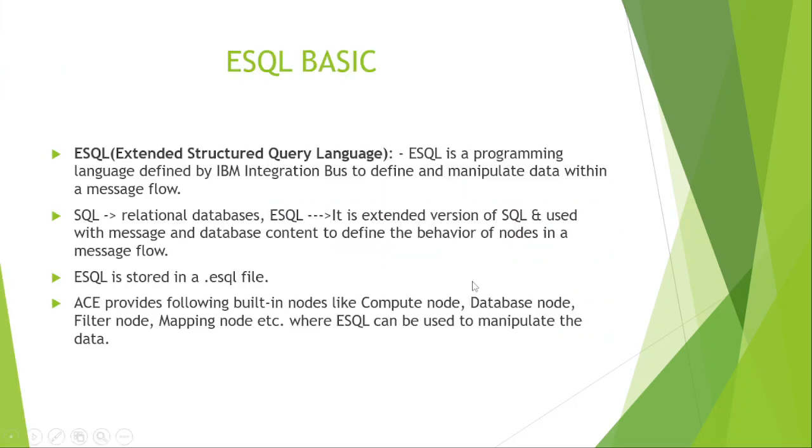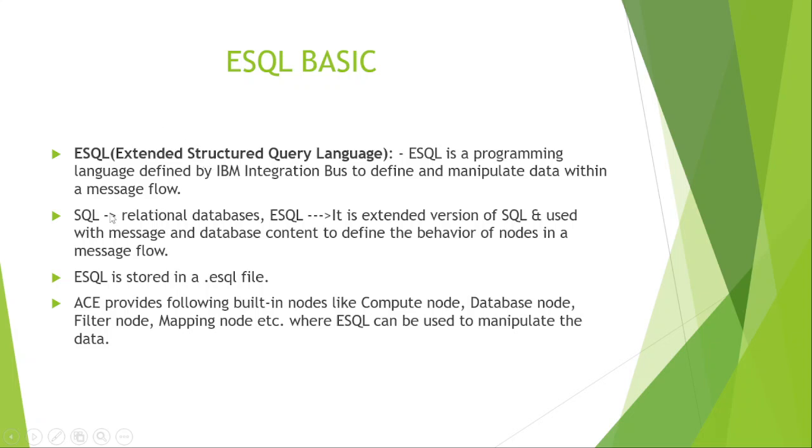So when talking about ESQL, it is known as Extended Structured Query Language. ESQL is a programming language defined by IBM to define and manipulate the data within the message flow. So mostly the design is present in the message flow, and in the message flow we write the coding, right? ESQL coding. So ESQL is an extended version of SQL.